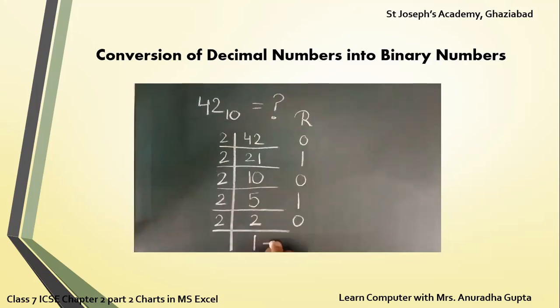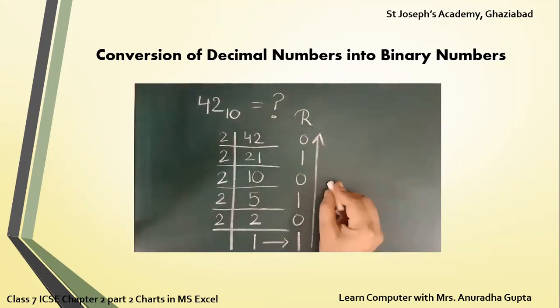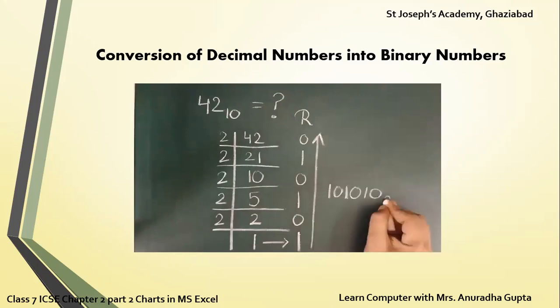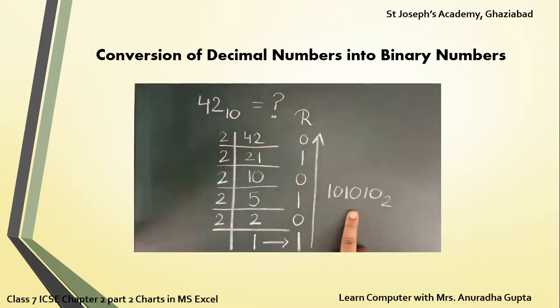When we get quotient 1, we transfer this 1 towards the remainder side and then write all the remainders from down to up. 1, 0, 1, 0, 1, 0 is our binary conversion of 42. 42 is a decimal number, and when we convert this number into binary, we will get 101010.